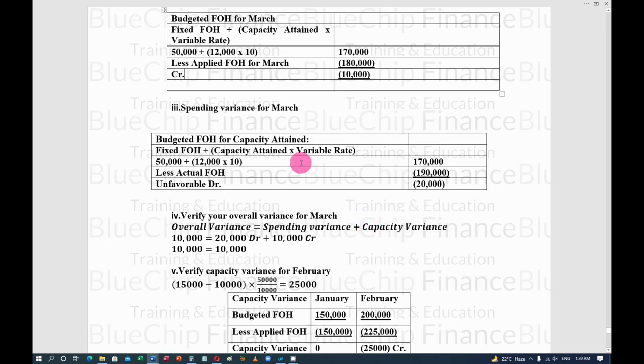The spending variance is 20,000 debit, and the capacity variance is 10,000 credit. So 10,000 equals 20,000 debit and 10,000 credit. That cancels 10,000 out of 20,000, so 10,000 equals 10,000.